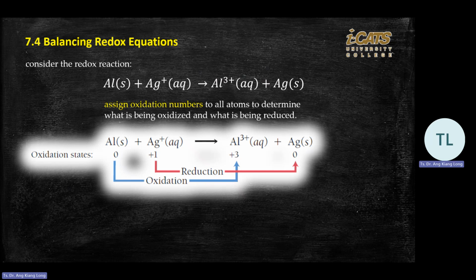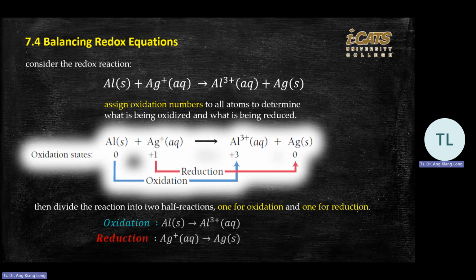It means you calculate the oxidation states: 0, plus 1, plus 3, 0. So then, do the half equations. You write Al with the blue arrow equation and Ag with the red arrow equation. Do you understand this blue color and red color half equation? I want to see that you know how to write this. This is called half equation.